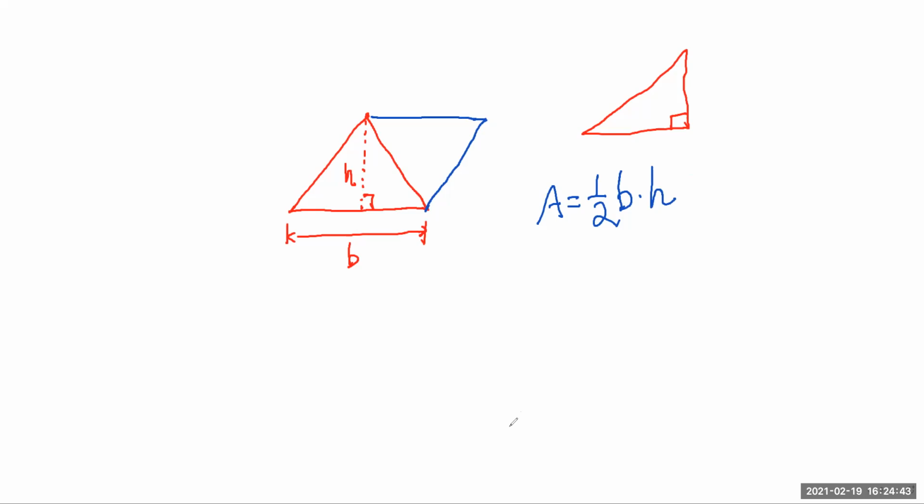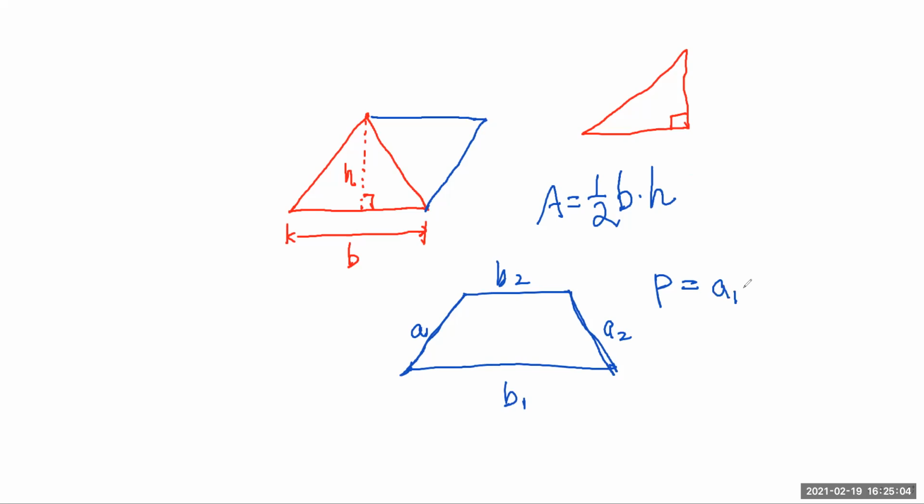So when you have a trapezoid, you have base one here, base two here, but you need to know the other two sides. Let's say this is A sub 1 and this is A sub 2. So the perimeter is A sub 1 plus A sub 2 plus B sub 1 plus B sub 2.